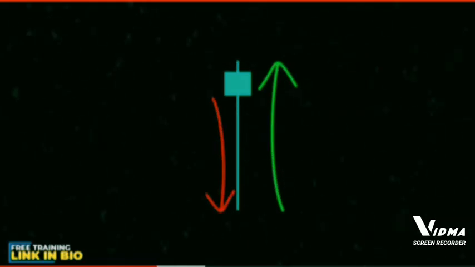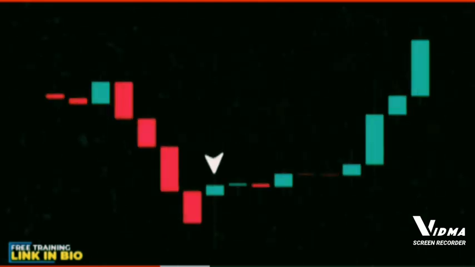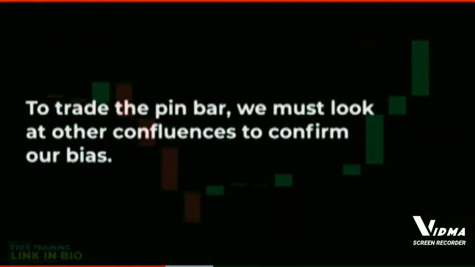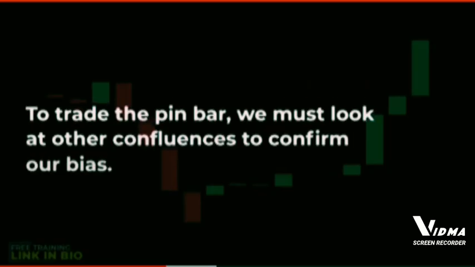Therefore, if we think about it, the buyers covered more distance than the sellers. It indicates that the buyers have stepped in and they are trying to take the price higher. If a pin bar appears after a strong down move, it indicates that the sellers have lost their strength and the buyers are now stepping in to move the price upwards. To trade the pin bar, we must look at other confluences to confirm our bias.